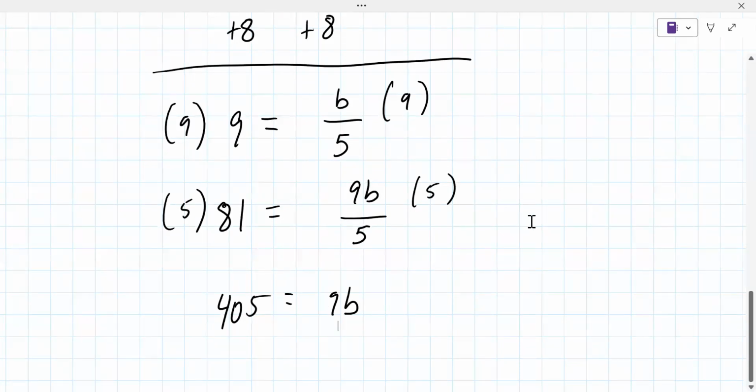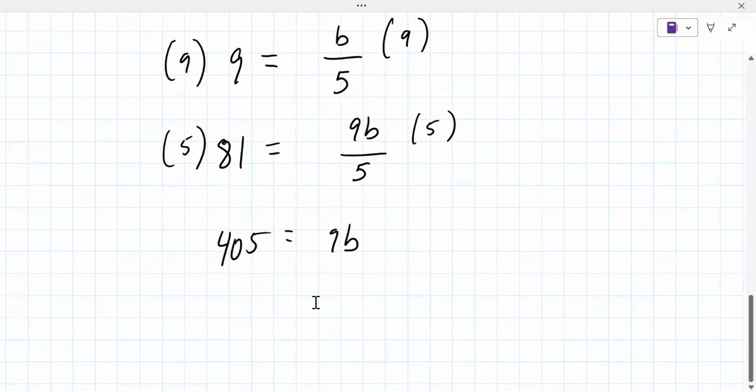Now you have to divide. By 9, yes, because 9 is on the side with the variable. What is 405 divided by 9? 45.